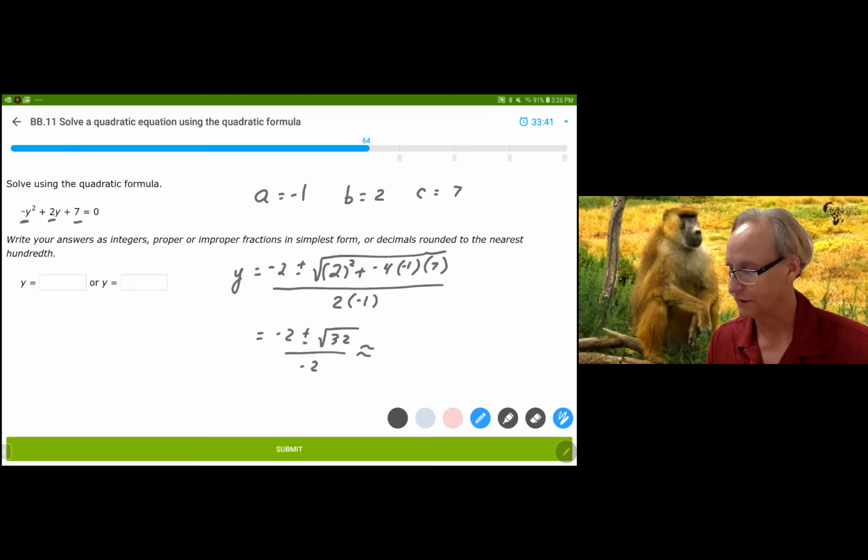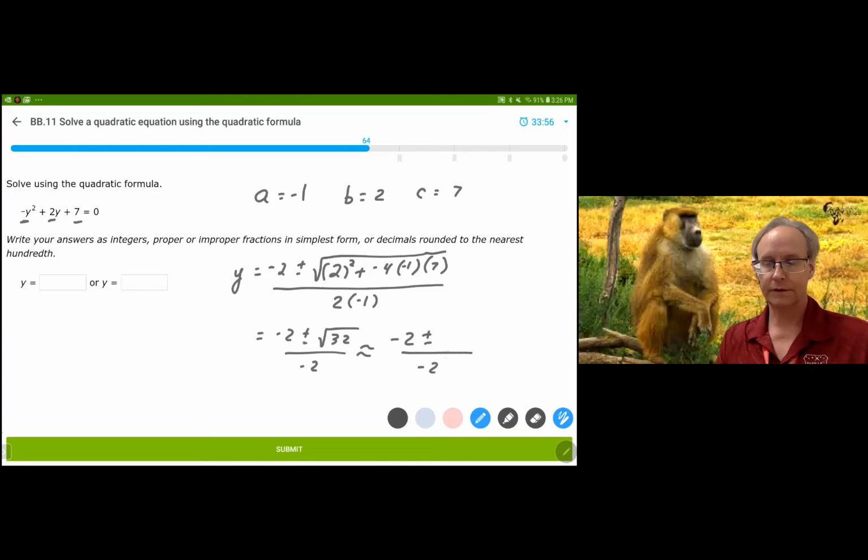Let's put our approximation here. -2 plus or minus, looks like it's going to be about 5.6 more or less, all over -2. So let's do our square root of 32. 5.657.